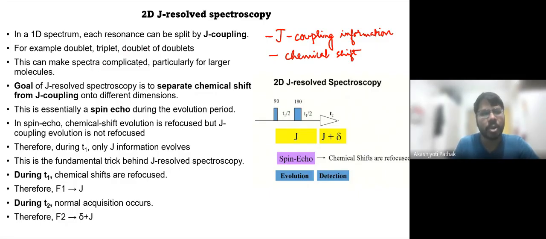This can make the spectra complicated, particularly for larger molecules. So the goal of J-resolved spectroscopy is to separate the chemical shift from J coupling onto different dimensions.